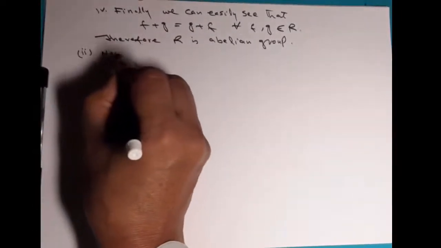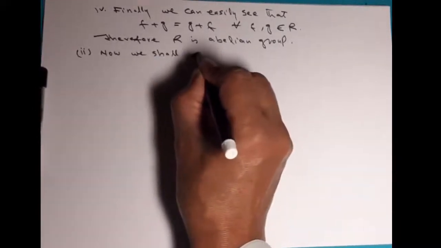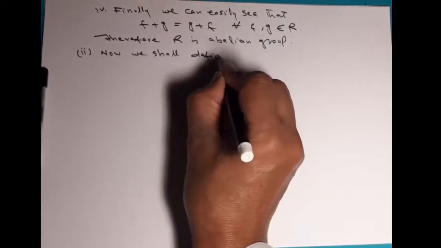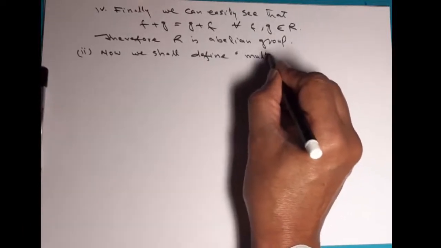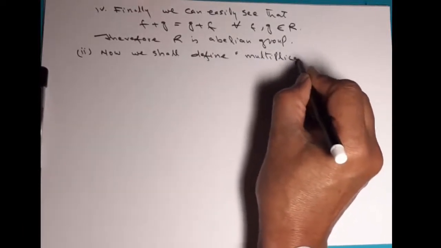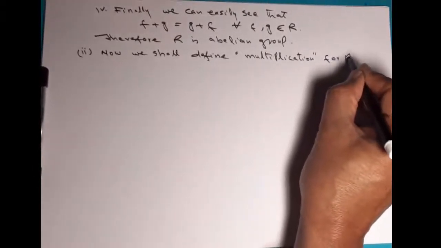Next we have to define multiplication on R. Now we shall define multiplication for R, the set of endomorphisms of an abelian group G. We define multiplication for R as composition of homomorphisms. Let me record that.